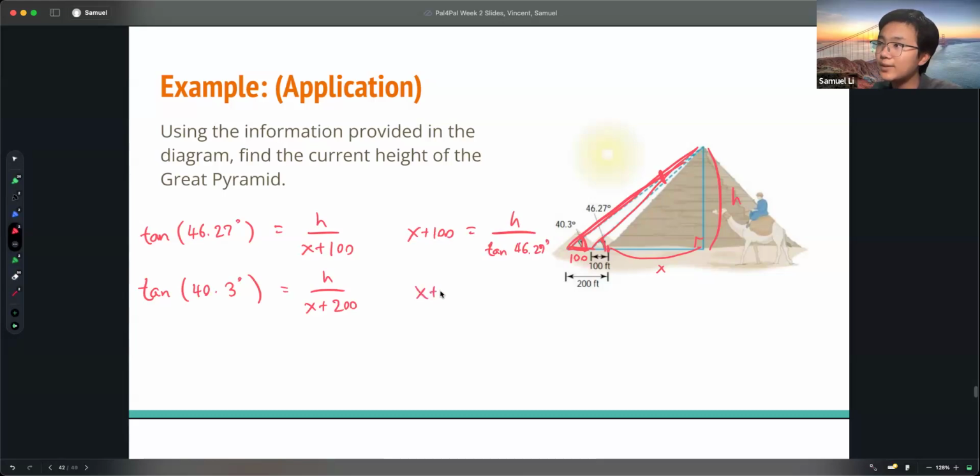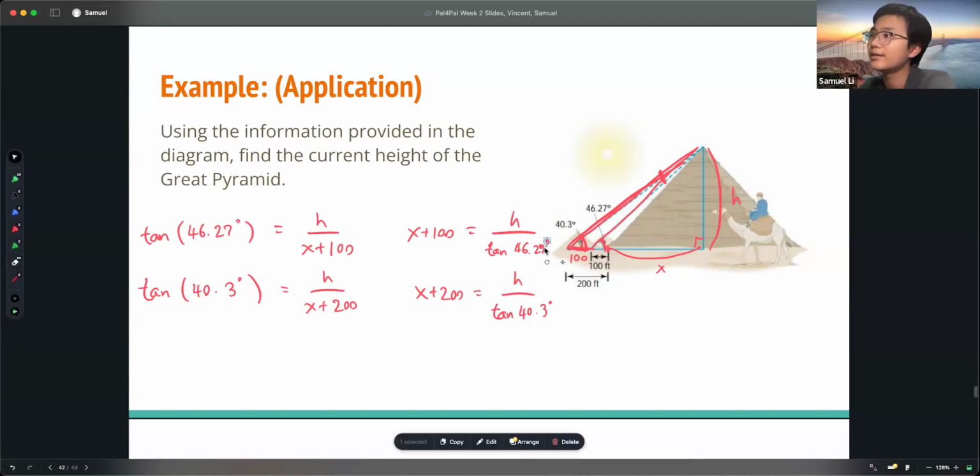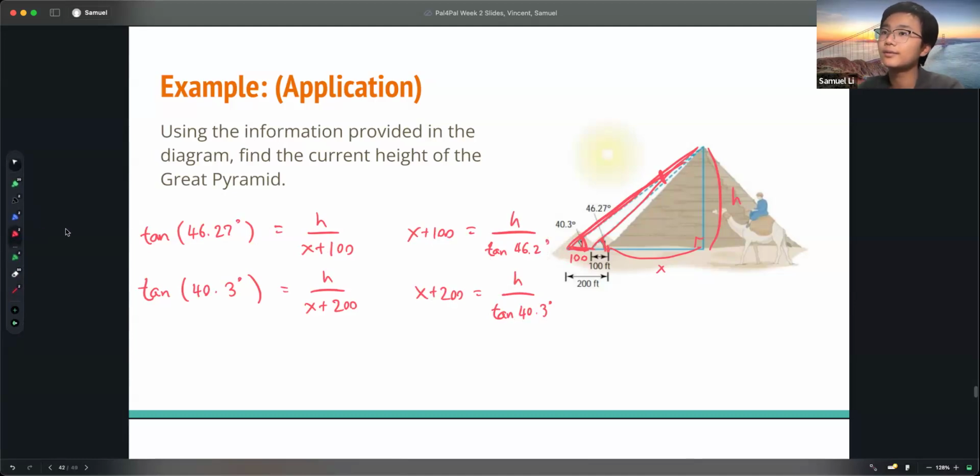Over here, we have x plus 200 is equal to h over tangent of 40.3 degrees. Now, this is extremely useful because we could set the two x values together.